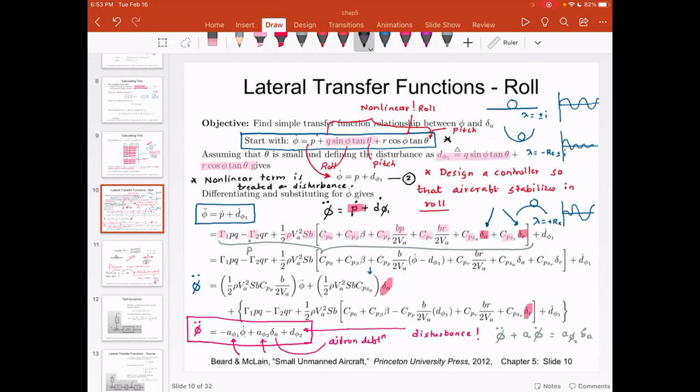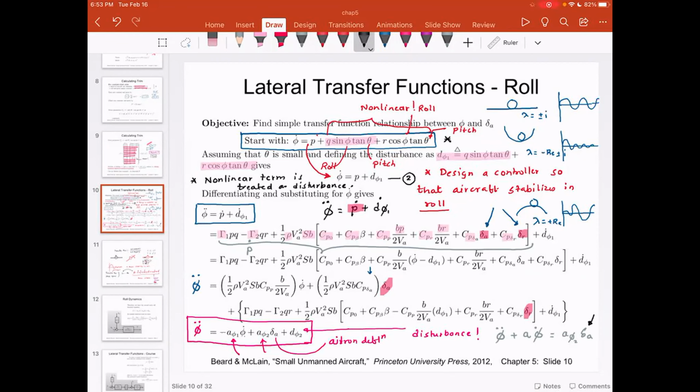Let's assume the disturbance for the time being is 0. So what it means, I could change the eigenvalues of this differential equation by changing the value of delta A.